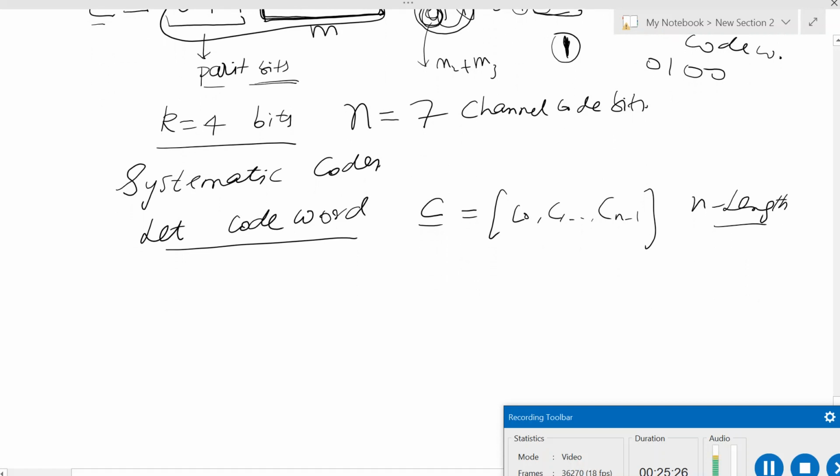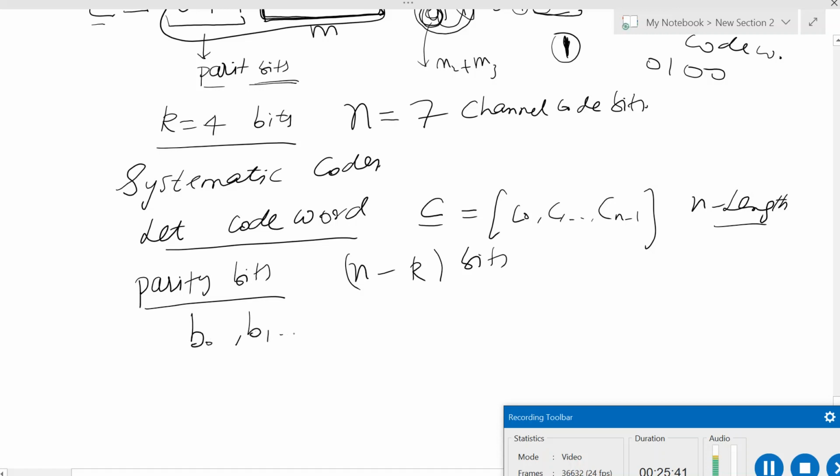Now part of the code is actually the parity bits. How many parity bits we add? If you see, n minus k, right? So let them be represented by b0, b1, b of n minus k minus 1. I represent that by b vector.